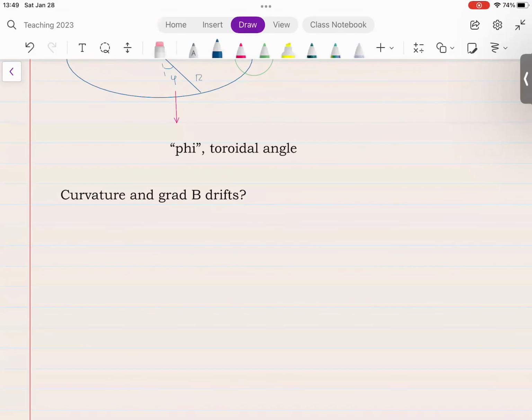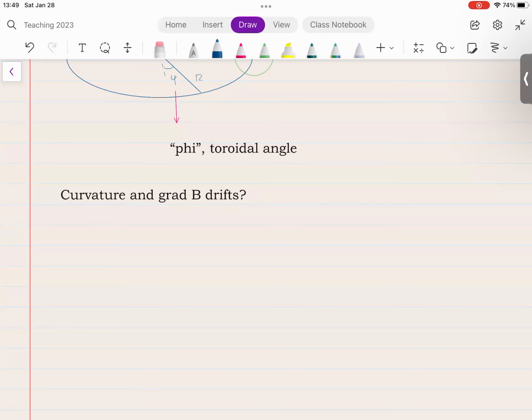Where we can use the results we got for a vacuum field, because I'm looking at a single particle. I have my vacuum toroidal field and whatever else. Let's just say there is just the toroidal field. That's the only component I have.